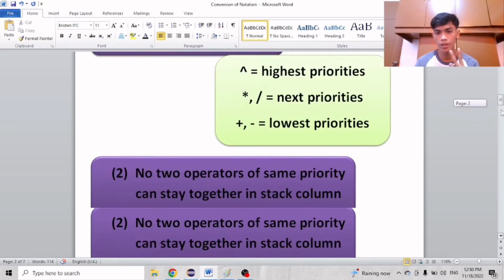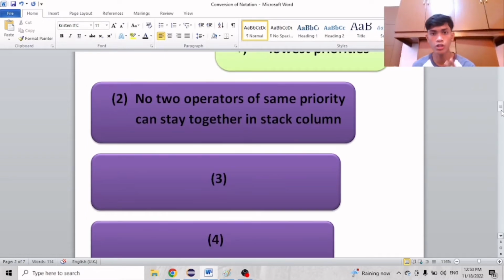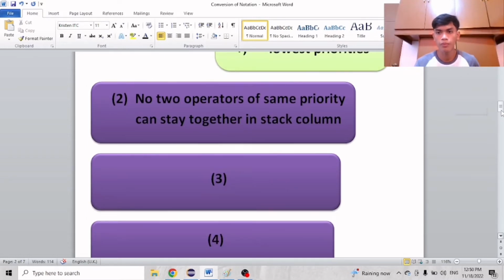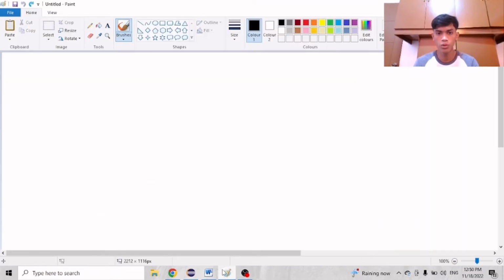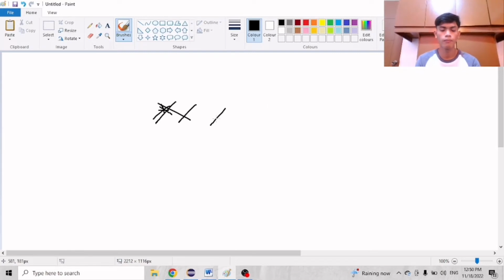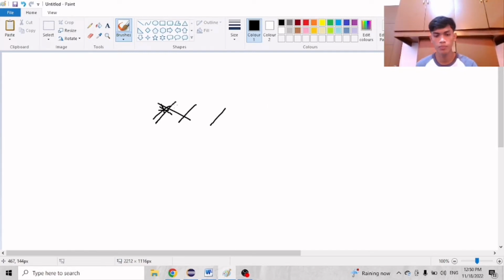If they do end up together, the only thing you need to do is to pop the first. So for example here, if they are together in the stack column when we convert infix to postfix, we need to pop this thing so that the division will be put after the pop.